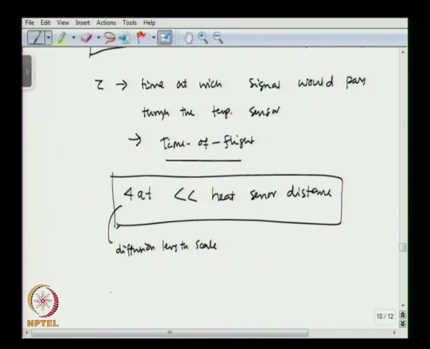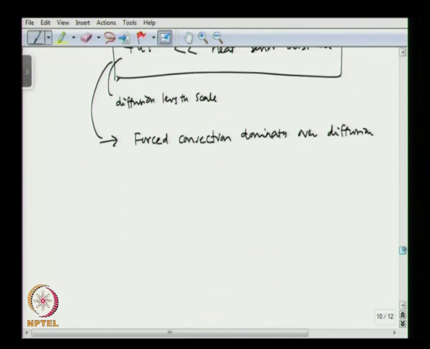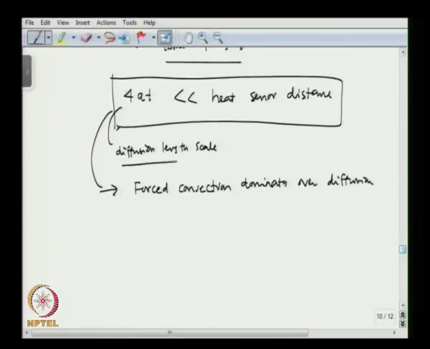In this case what we mean is that forced convection dominates over diffusion. So, we have a point heater which is generating some heat, and we are locating a temperature sensor at some distance, and we are saying that before the heat goes by diffusion, the fluid flow actually carries the heat. That is what we mean by the diffusion length scale being less than the heater sensor distance.